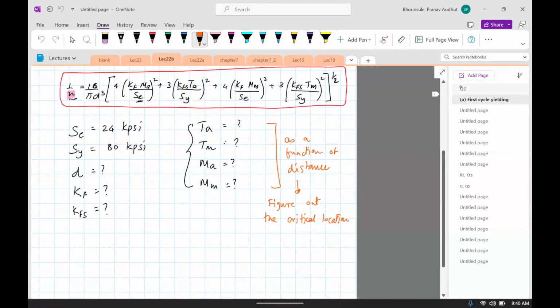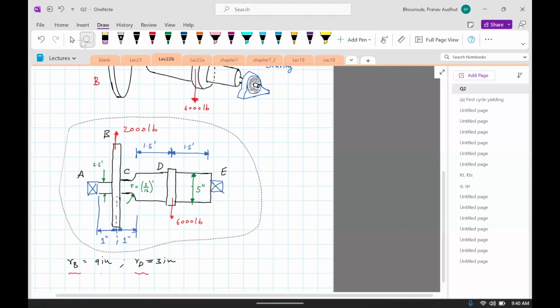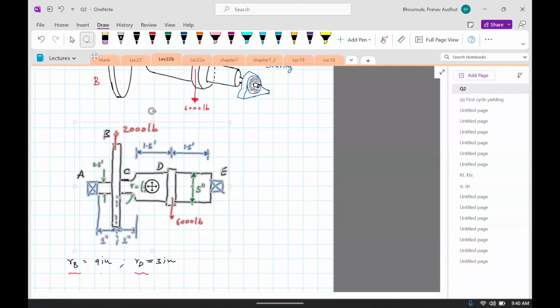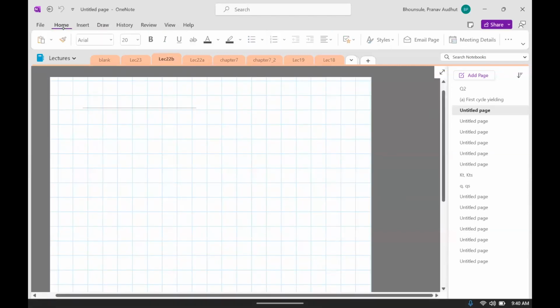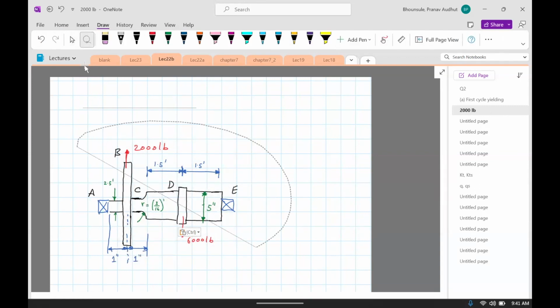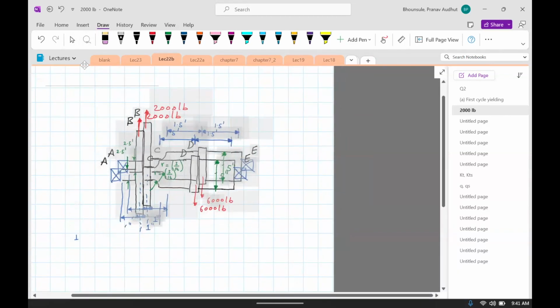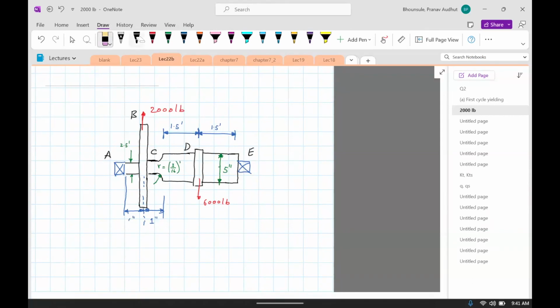So here is a drawing. I'm going to just use this view. The first step is to draw a free body diagram, FBD.